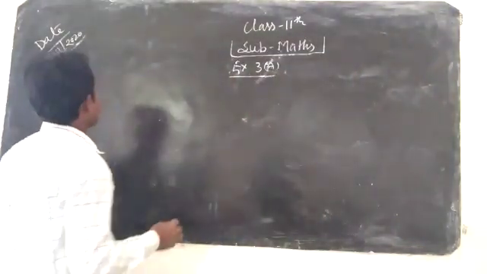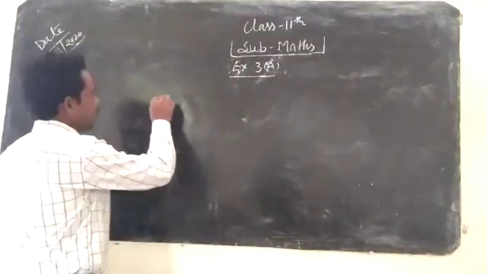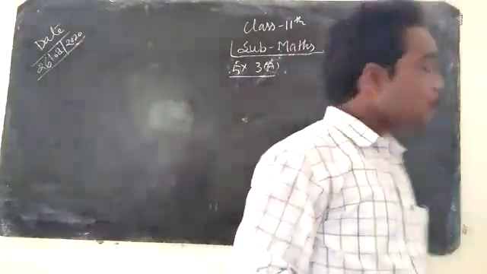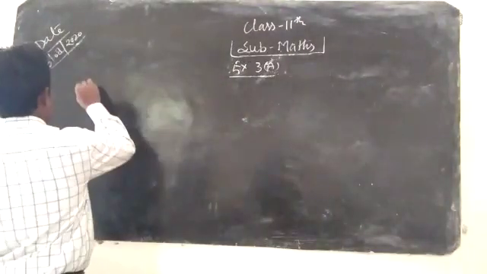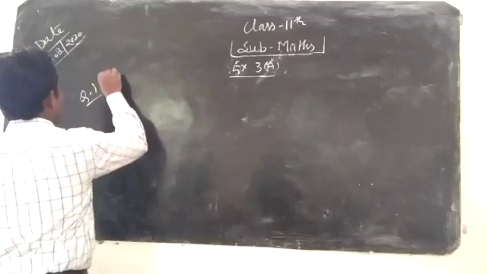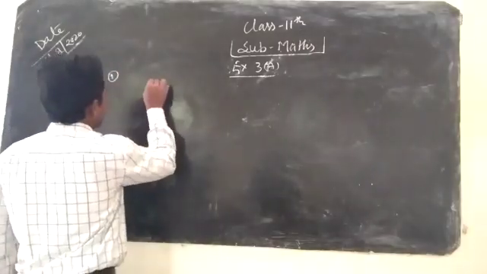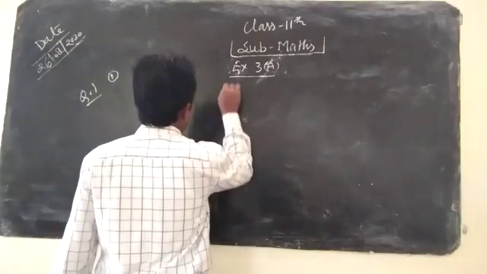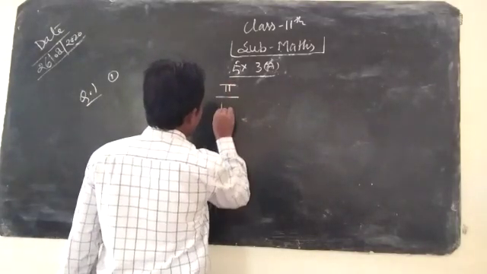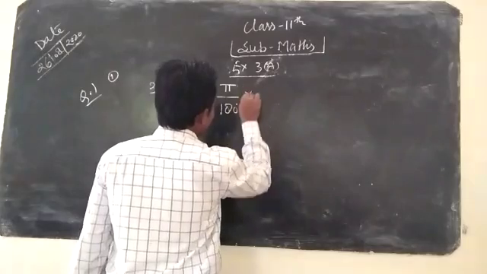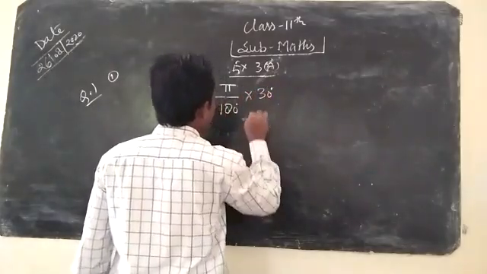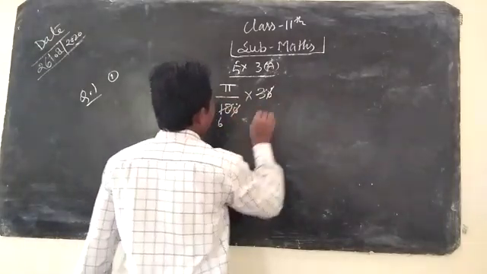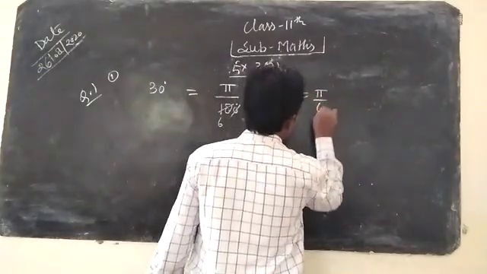As I told you how to change degree into radian form, for question number first, part 30 degree, we have to write pi divided by 180 multiply with angle, means degree. Then this becomes pi by 6.